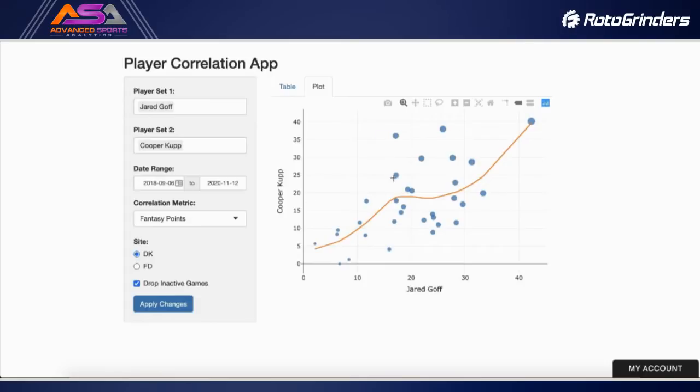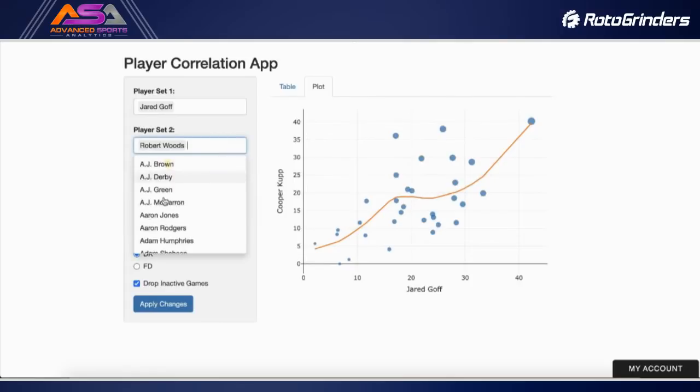So you have Goff on the x-axis and Cooper Kupp on the y-axis, and you can see so clearly that, although correlation isn't causal, and I think you can make the strong case that the quarterback is the cause of these quarterback wide receiver relationships, in general, when Goff achieves some ceiling game, Kupp with pretty high consistency and fairly minimal noise or variance achieves relatively high scores for him.